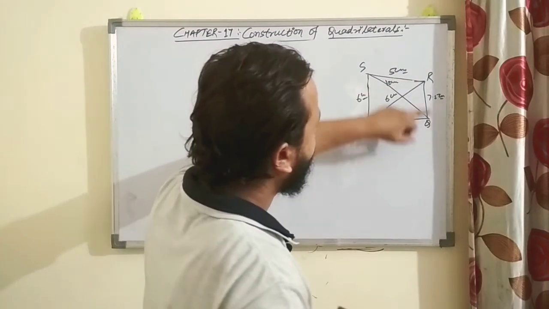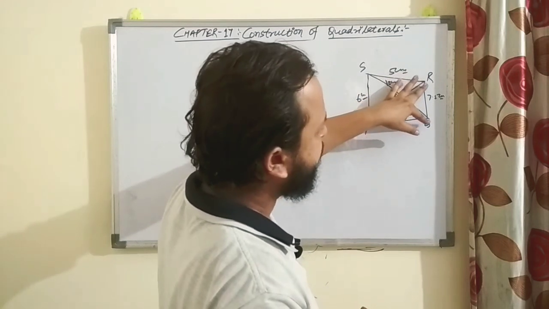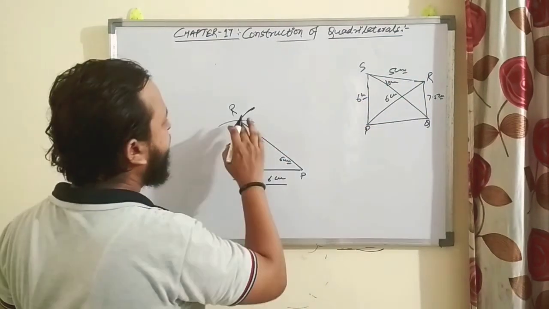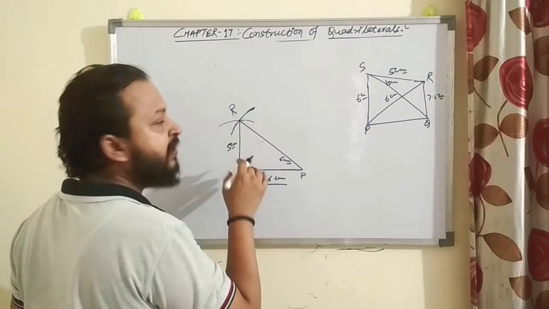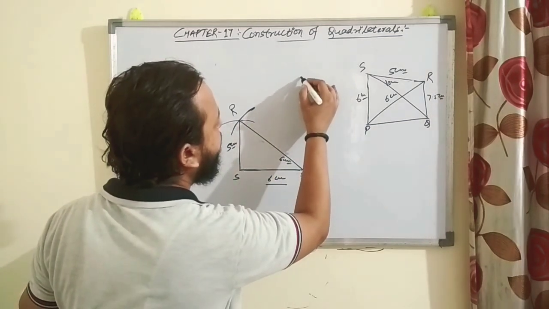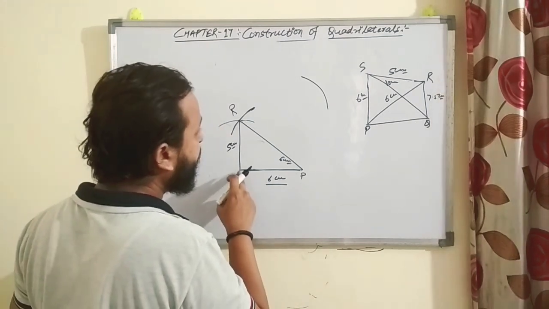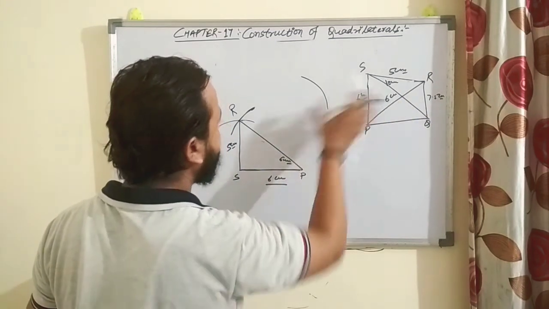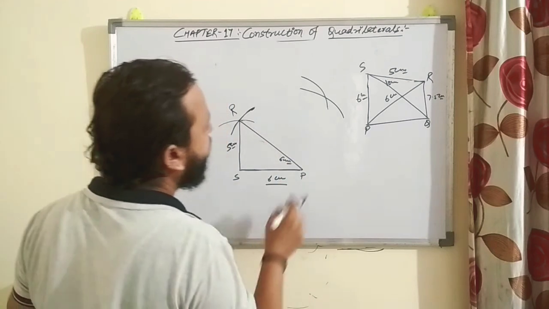So for point Q, take the distance from the compass as 7.5 centimeter, and using R as a center, just draw an arc, right, like this, and take S as a center and take the distance of 10 centimeter and just draw an arc, right?